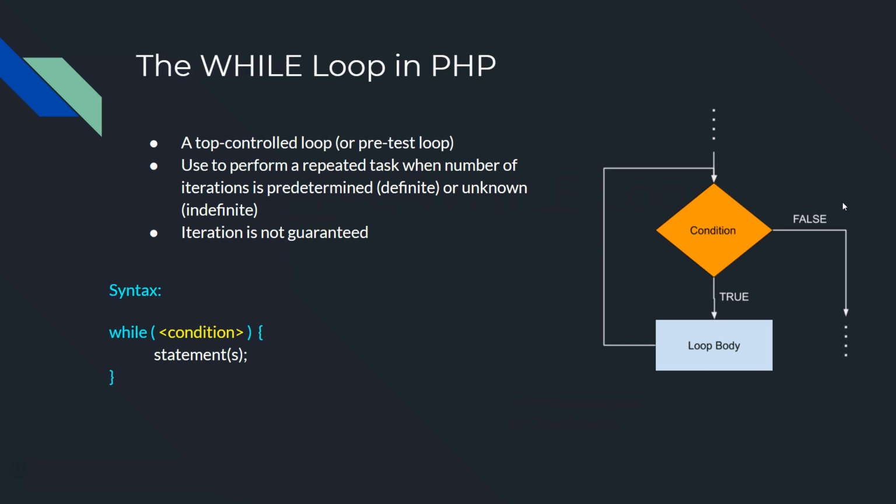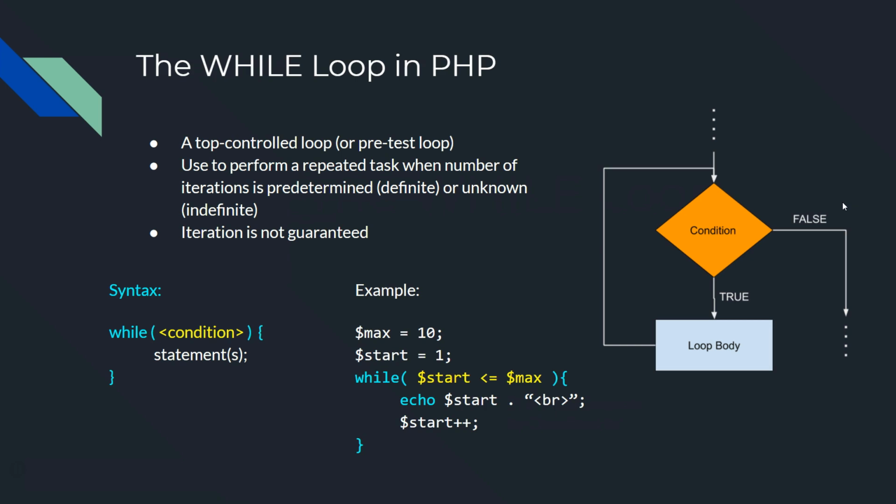So here's the syntax for the while loop. The keyword while. Inside the parentheses, you have the condition or the expression to test. If that is true, you go into the body of the loop and execute those statements. Once those statements are done, you go back to the condition again. You keep testing that until it's false, and then you exit out of the loop. Here's an example.